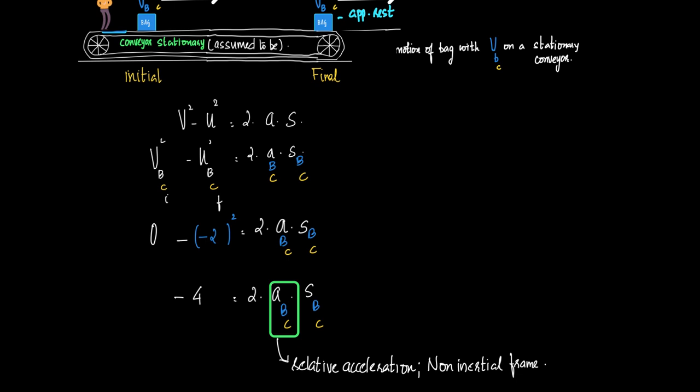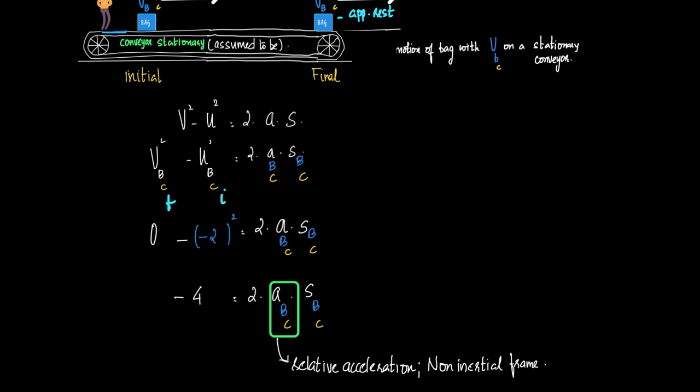So we have v square minus u square is equal to 2as. What is v square? vbc. Well, I think I made a mistake here. This is vbc final square minus vbc initial square. What is vbc final?